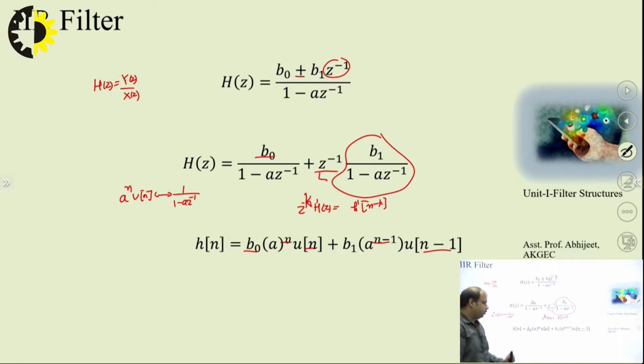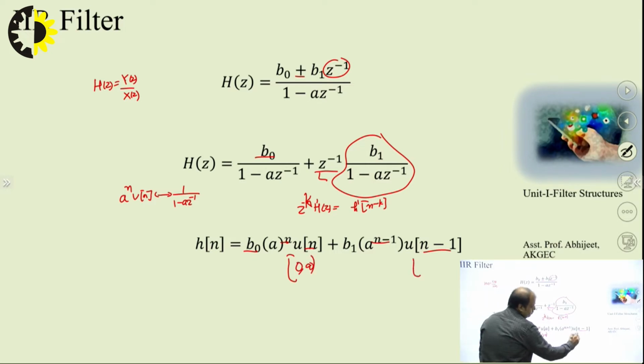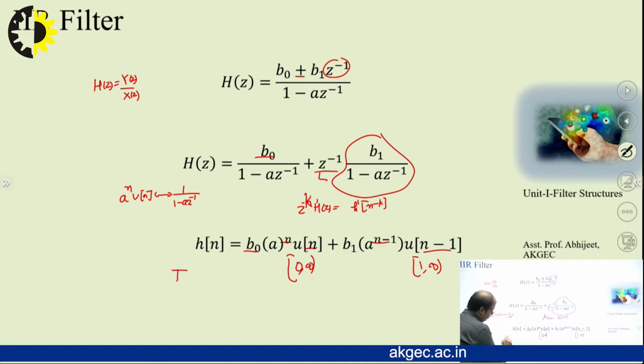Now, what is important to understand is that due to u of n, this is from 0 to infinity, and u of n minus 1 is from 1 to infinity, which means that the impulse response is of infinite length, very important, infinite length.